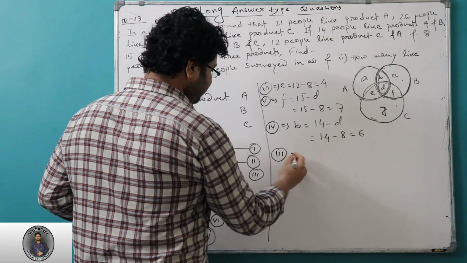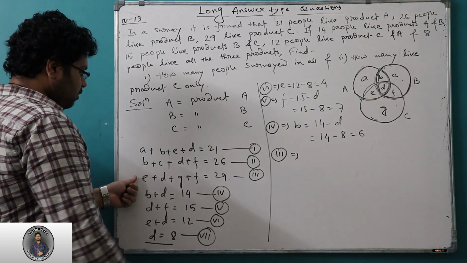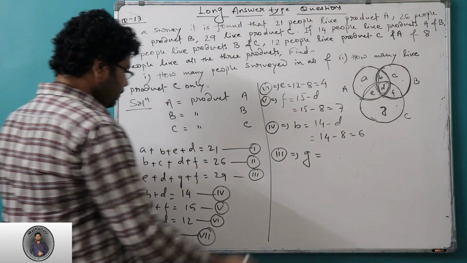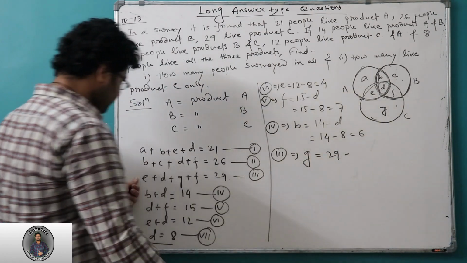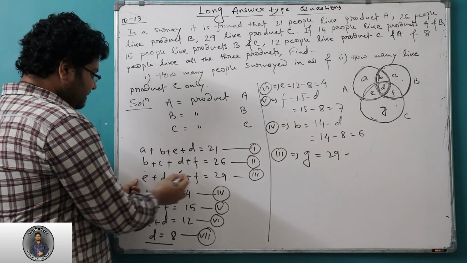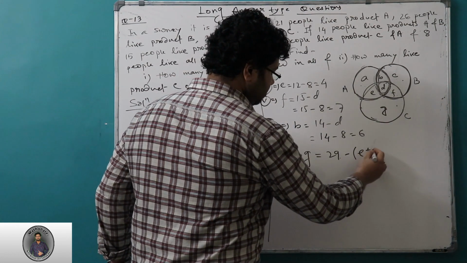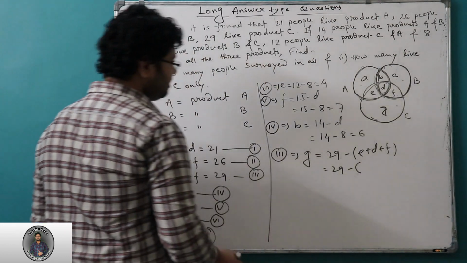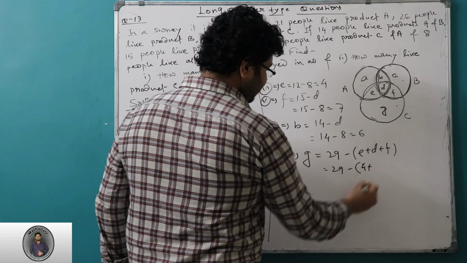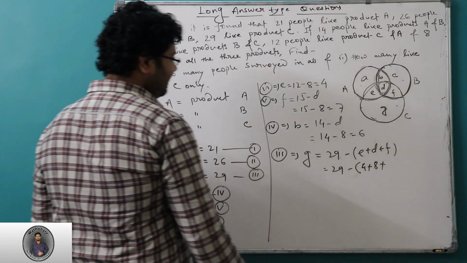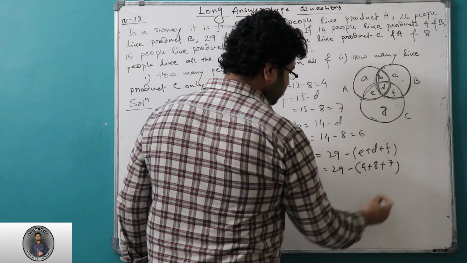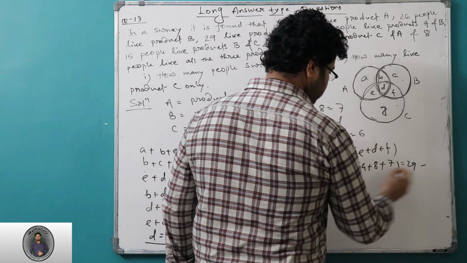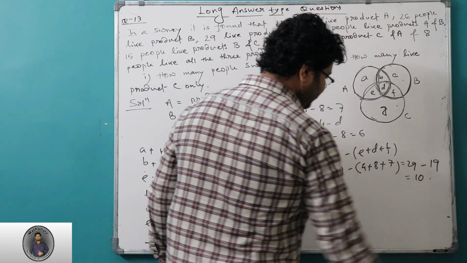Now from equation 3 we can find out the value of G, that is G will be 29 minus (E plus D plus F), and this will be 29 minus E we have found that is 4, D is given as 8, and F we have found as 7, so it will be 29 minus 19, that will be 10.